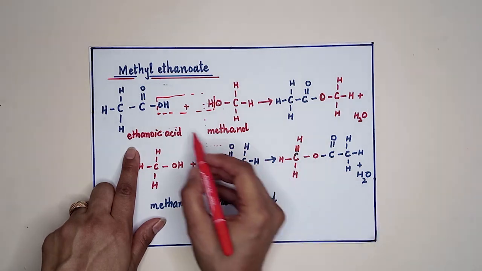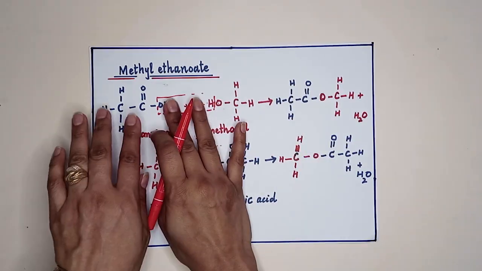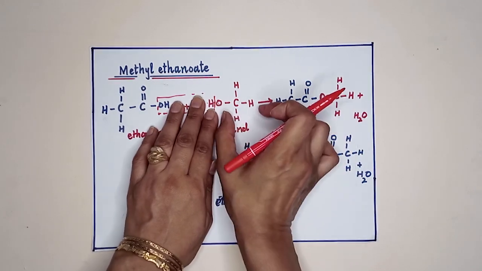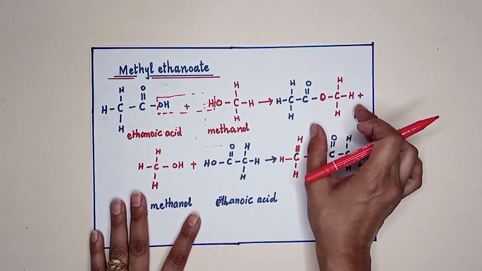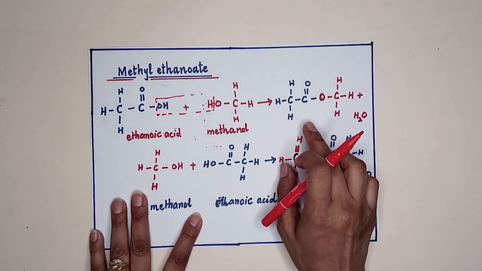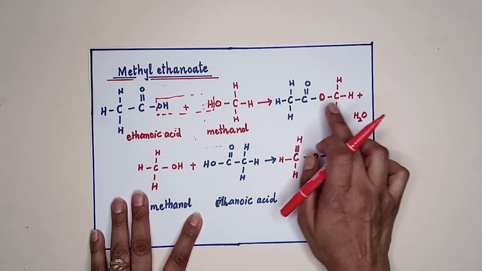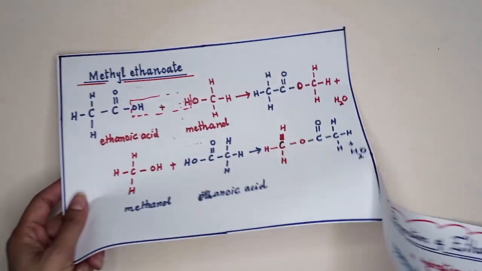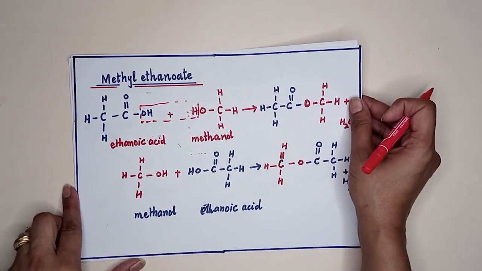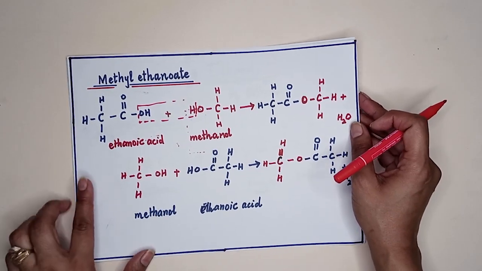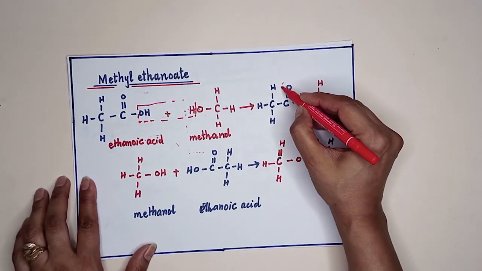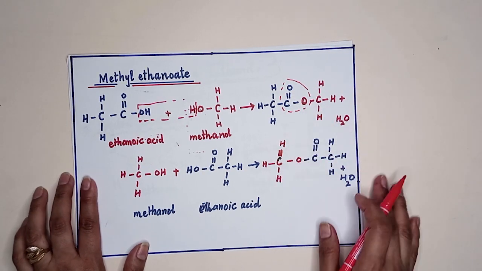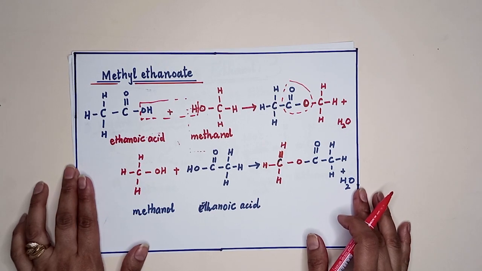The OH from the ethanoic acid is the way through which the water molecule will come out. The rest of the compound we will write here like this, and the part of the alcohol we will write here. The compound which will be formed is methyl ethanoate. This is going to tell us that this is the functional group of esters, and that the compound is an ester.